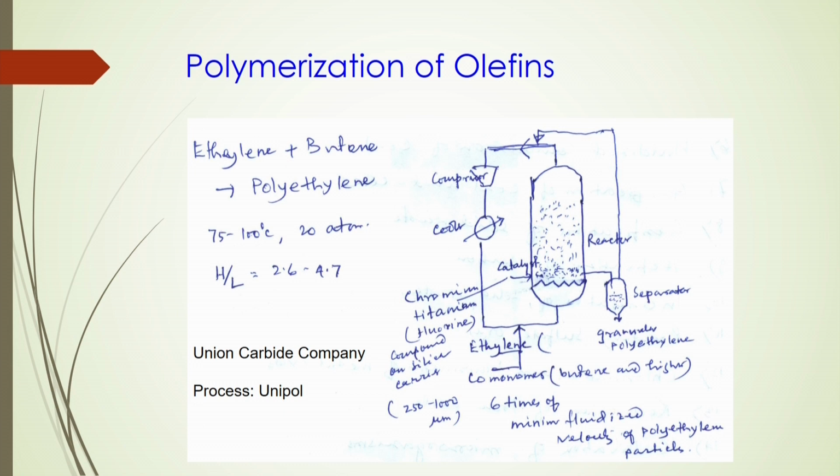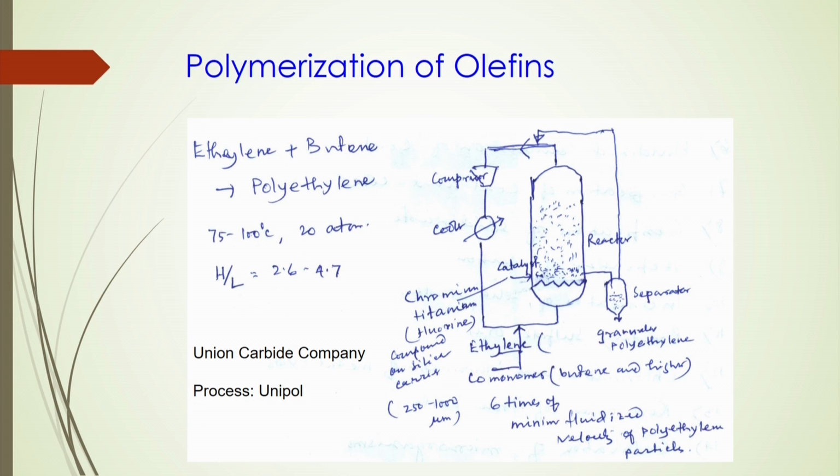In the presence of these particles, the mixture of ethylene and butene is fluidized in the column, and after processing you get polyethylene, which is then separated and granulated, and passes through further operations.